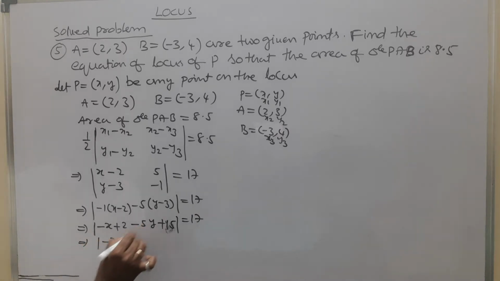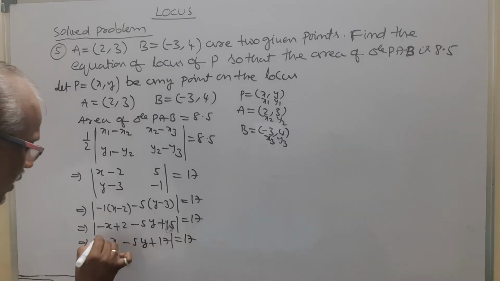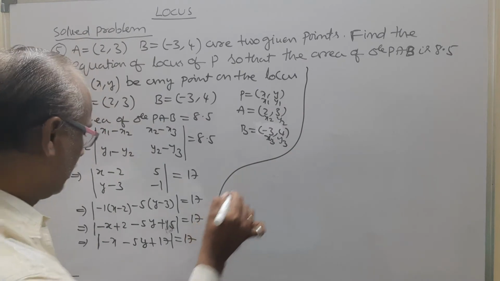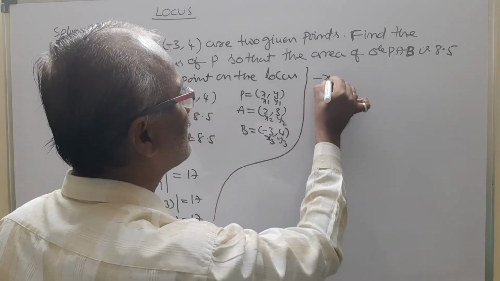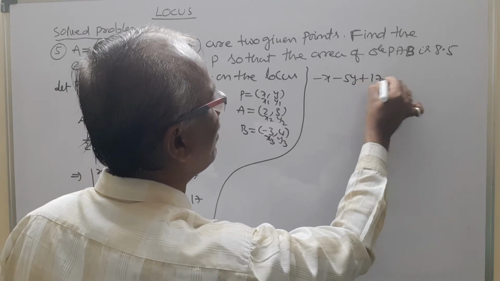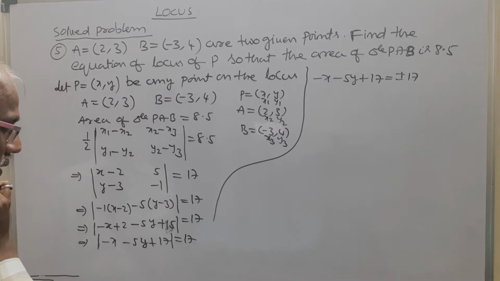Minus x minus 5y, 2 plus 15 is 17, equal to 17. If the modulus is removed, minus x minus 5y plus 17 equal to plus or minus 17.